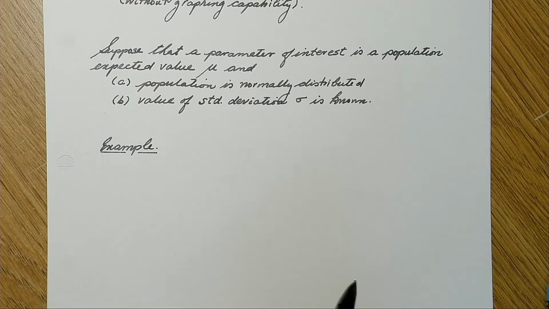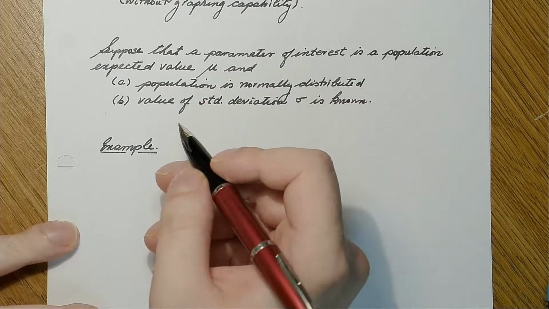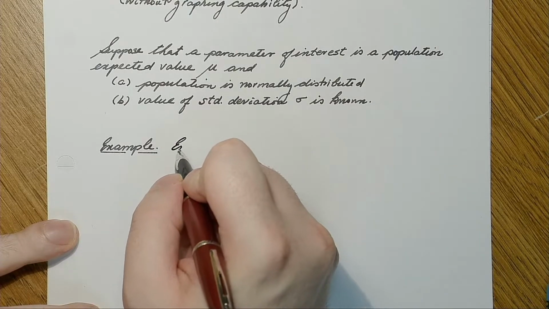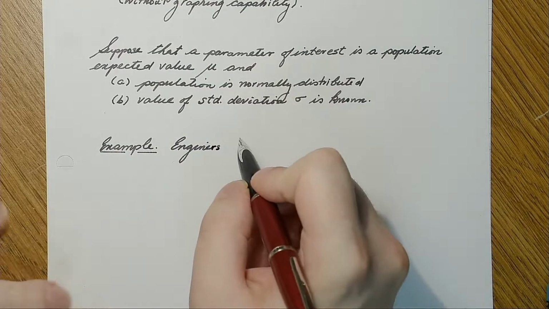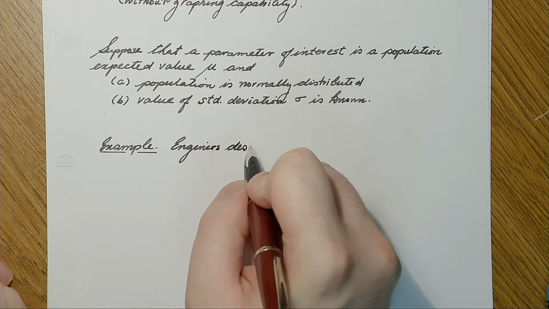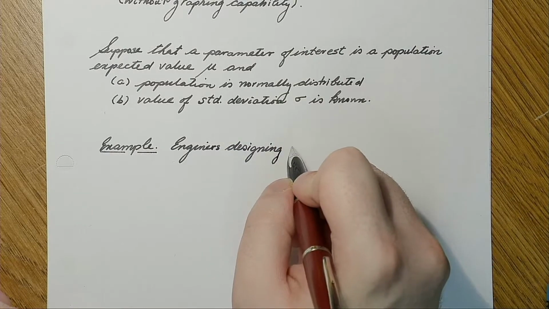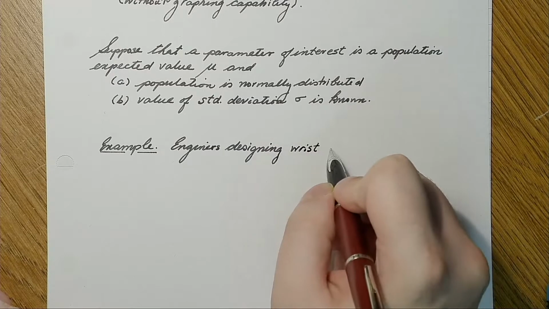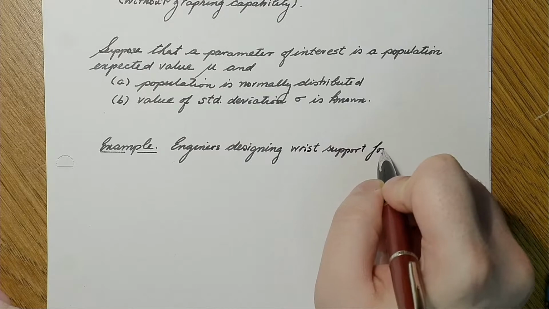For instance, designing a workstation or some sort of furniture so that it supports movement. Let's say the engineers are designing some sort of wrist support for keyboards.